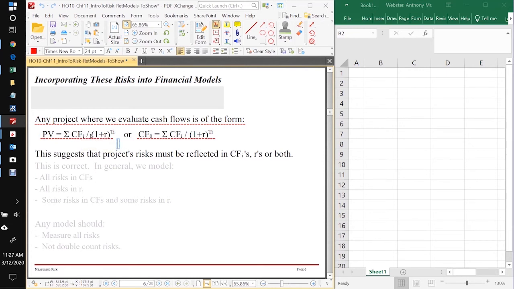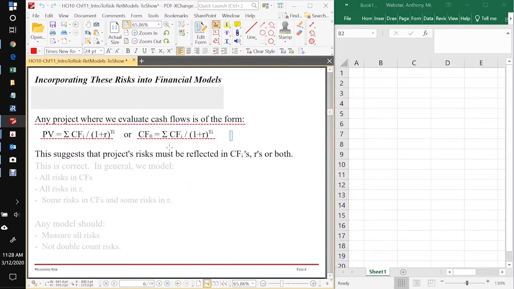After you've got them all discounted to t equals 0, add them up. And we could say the same thing with CF0, which is just our cash flow at t equal 0. Okay, so this is very important because for the rest of the term, we're going to be evaluating projects using these equations and simpler and other versions of these equations that we derive from them.